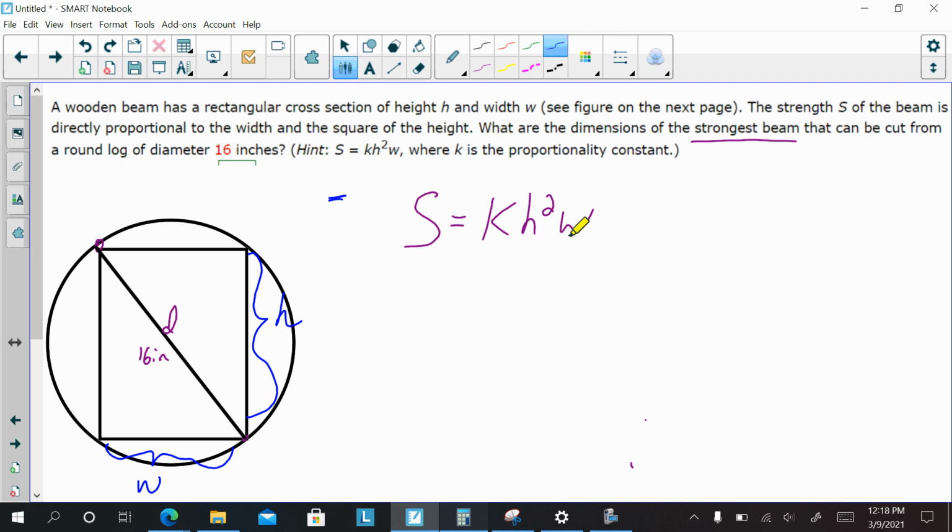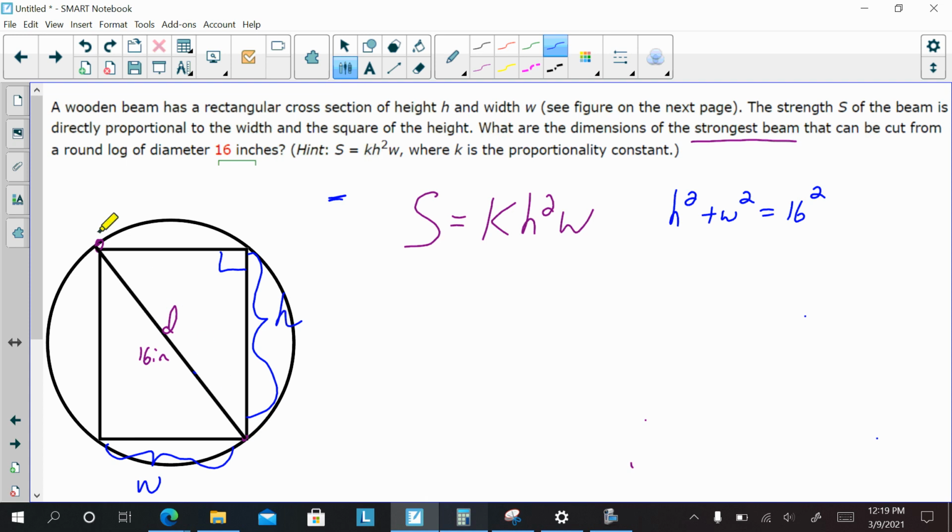If we look at our triangles, we have a right triangle here where this is the diameter, this is the height, and this is the width. So the height squared plus the width squared equals the diameter squared, and the diameter is 16. So this distance squared plus this distance squared equals 16 squared.